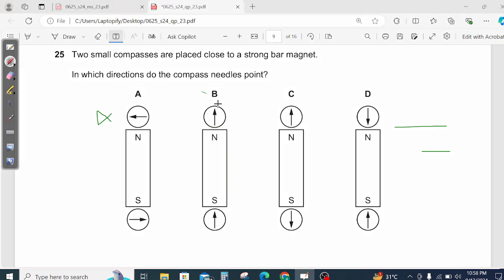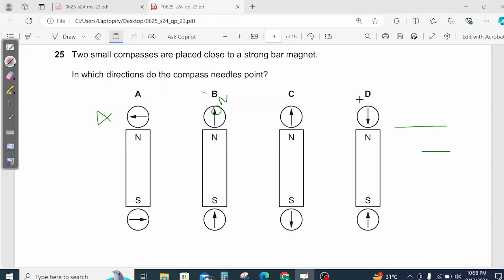When a compass needle is placed in front of the north, this needle that shows the north will experience a force from the north pole of the magnet. As a result, it is repelled to the other side.